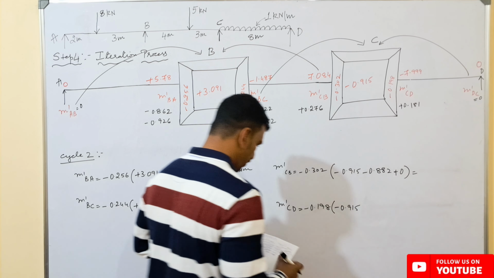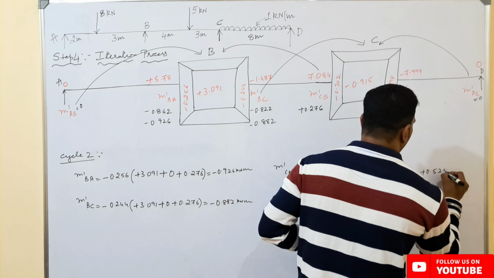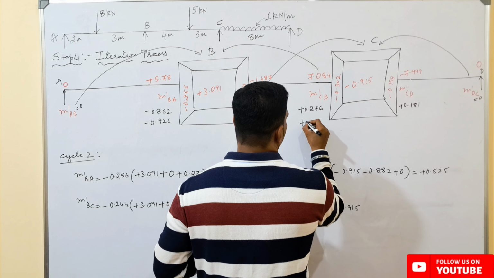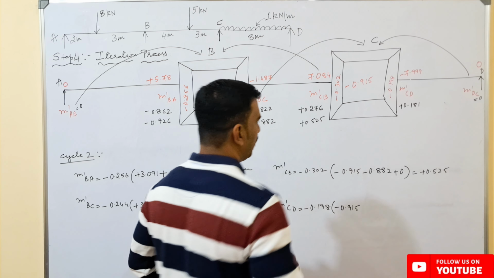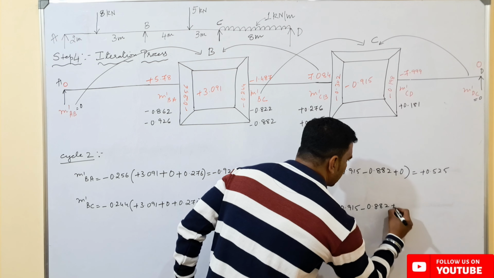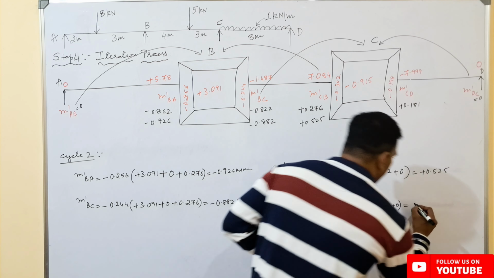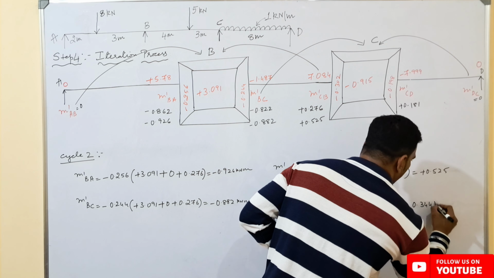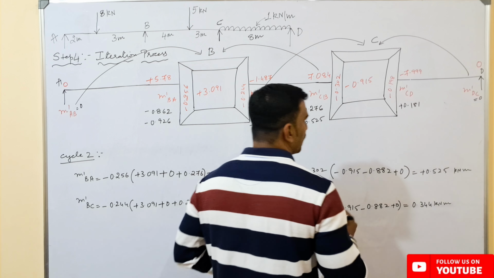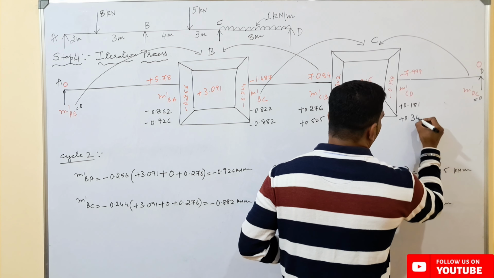So this will be equal to plus 0.525. This value we will consider here, plus 0.525. So here it will be 0.882 plus 0, which will be equal to 0.344 kilonewton meters. Here also kilonewton meters. So here it will be plus 0.344.